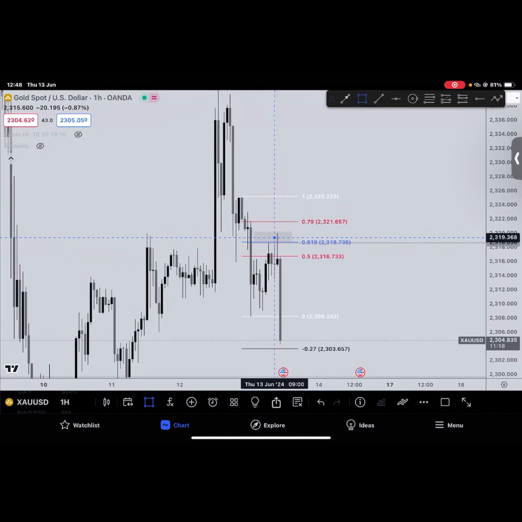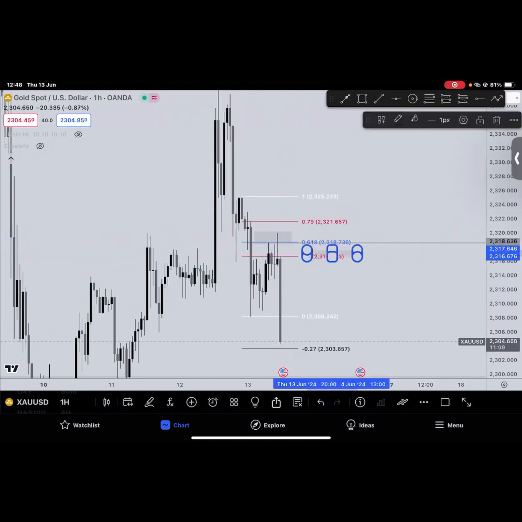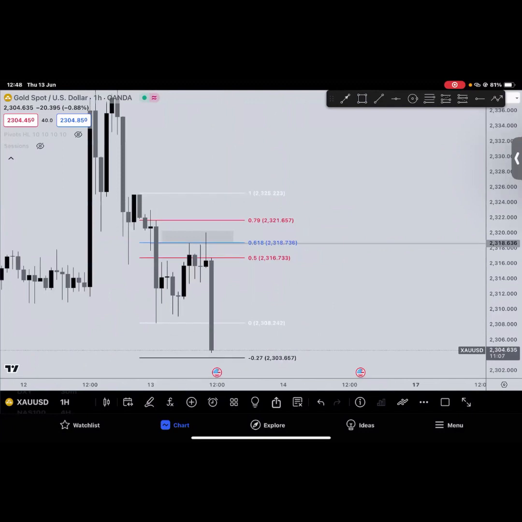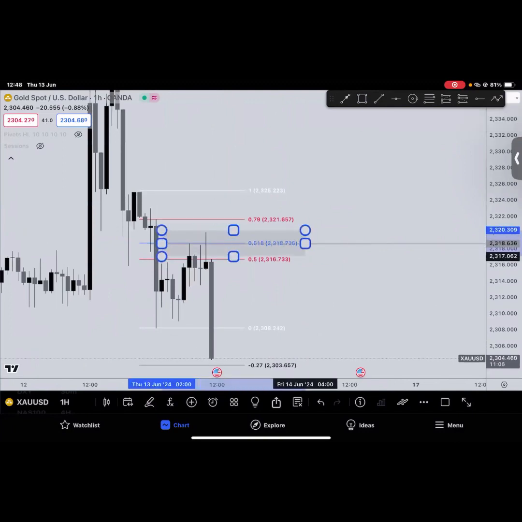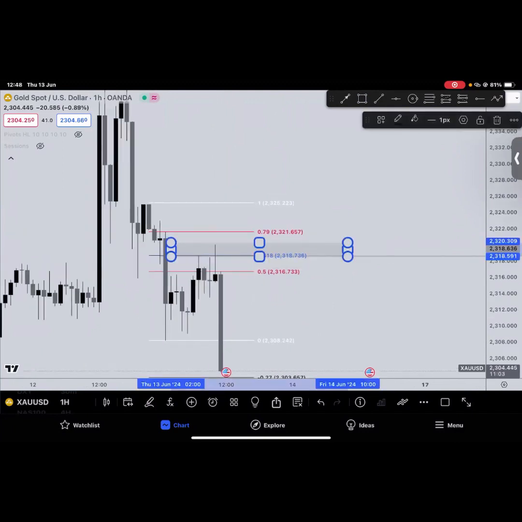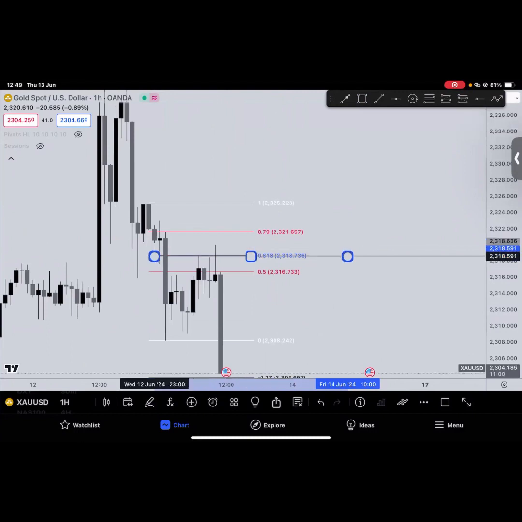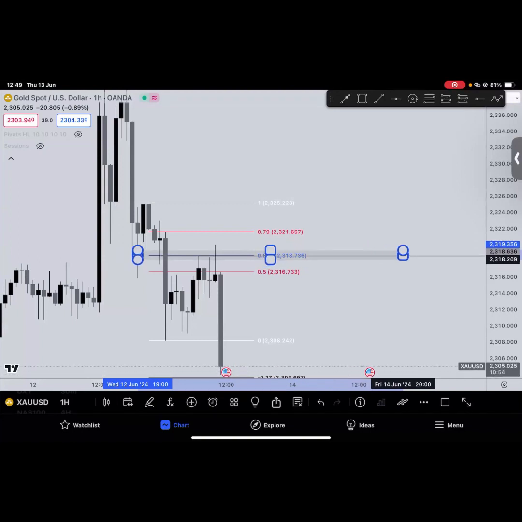How do you know that it's a weak rejection? Your zone, this is your level. Let me take for instance, this 618 is a resistance level. Please pay attention so you don't make mistakes if you want to follow exactly my strategy to trade.